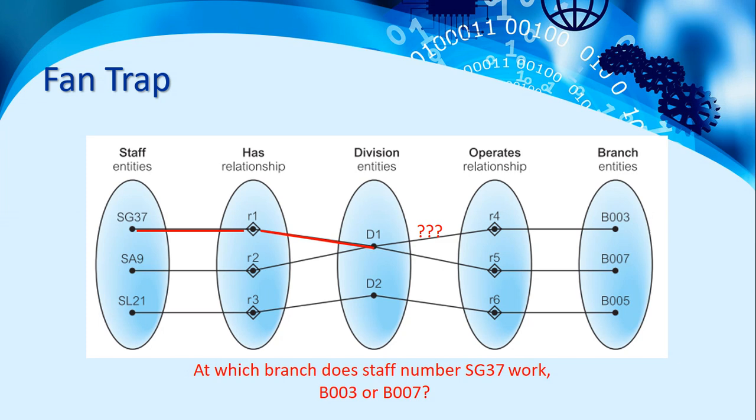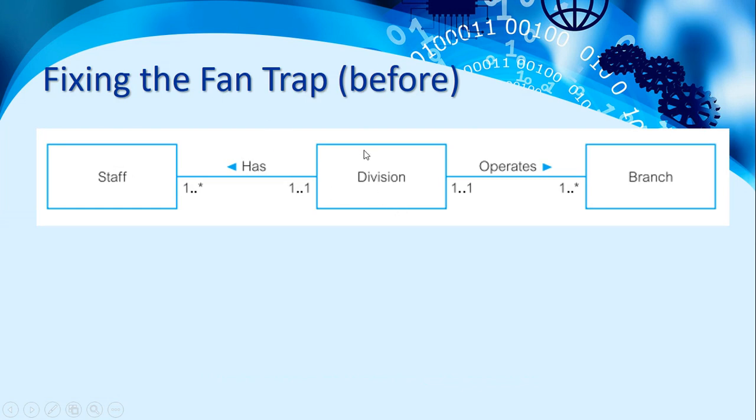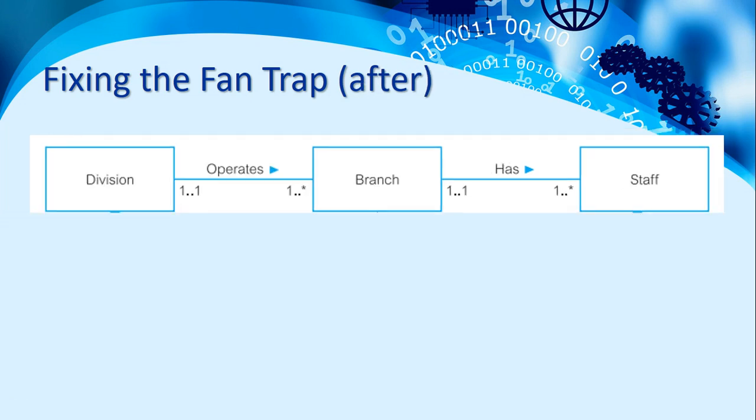We will resolve this fan trap by restructuring the original ER model to represent the correct association between these entities. It's really just the relationship that is wrong here. So this is how we're going to structure it: this is the before, and then the result after fixing should be like this.